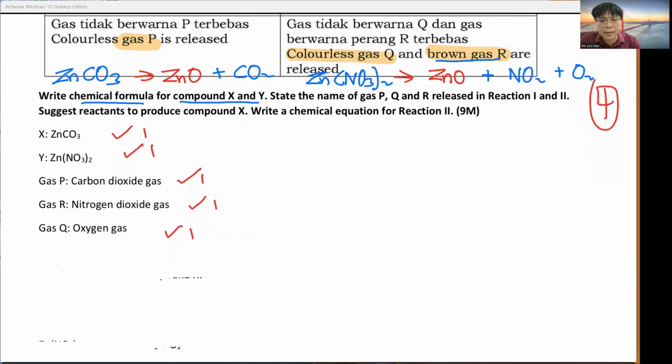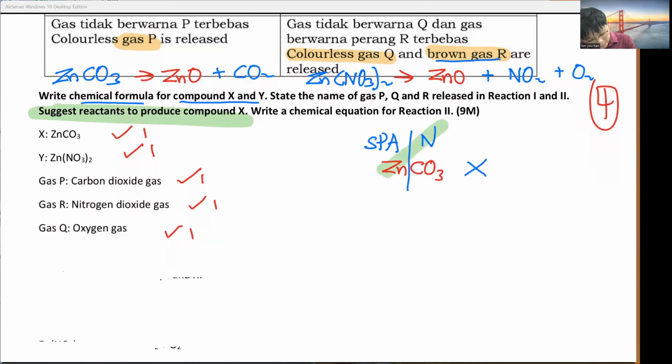Okay, then they want a chemical equation for a suggested reactant that produces X. This is prepare salt. X is who? Zinc carbonate. Okay, zinc carbonate is an insoluble salt because you know anything with carbonate will not be soluble. So we need to use soluble chemicals to prepare. So what do we need? We need zinc nitrate plus, maybe we put sodium carbonate.